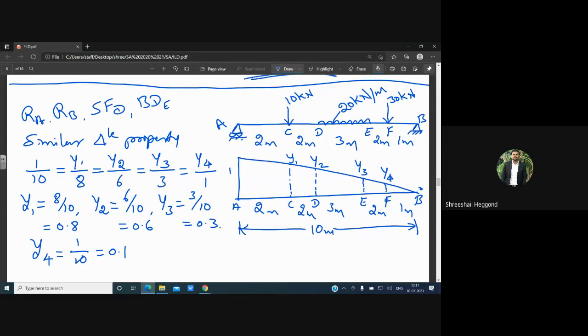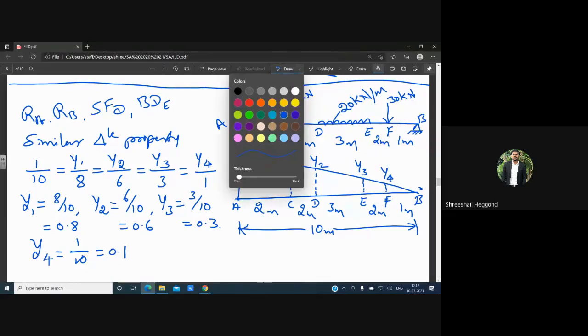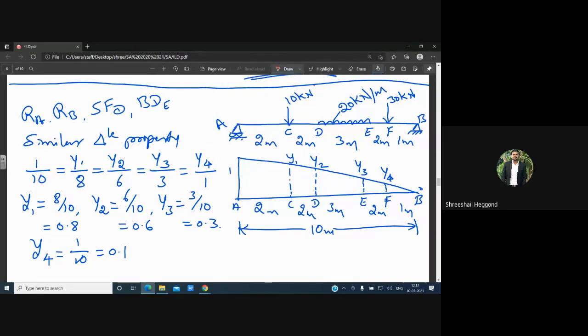Once you find the ordinates, the reaction at A point can be calculated as ordinates into the applied load if it is a point load. If it is UDL, you need to multiply the applied load into the area under the applied load. Now 10 kilonewton is a point load and 30 kilonewton is a point load, so you multiply the loads by their ordinates.